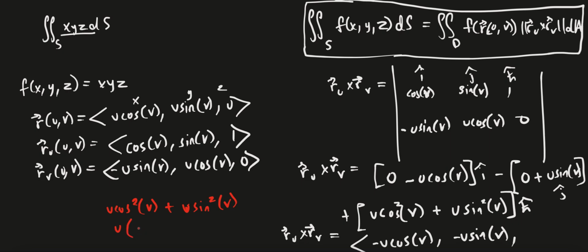We can factor a u out, and why am I doing that? Well, because of this trigonometric identity that says cosine squared plus sine squared is 1, and so this is just u. That's a very nice identity. It really simplifies a lot of your work for many problems, not just this one, especially when you have r's and thetas.